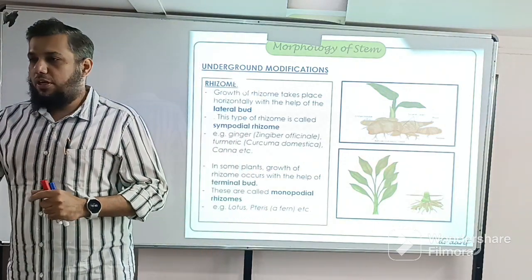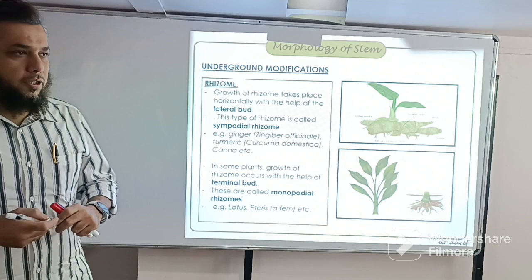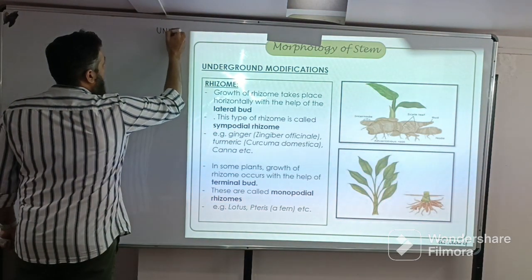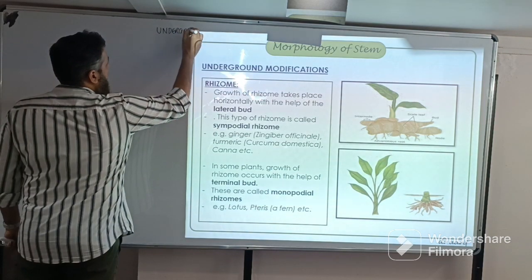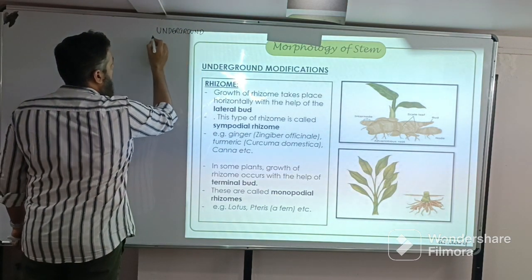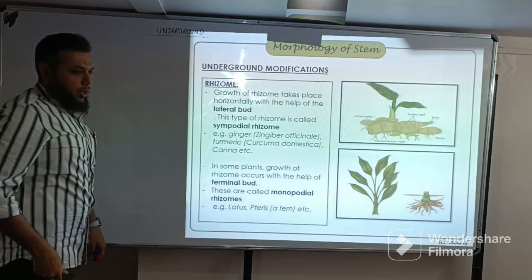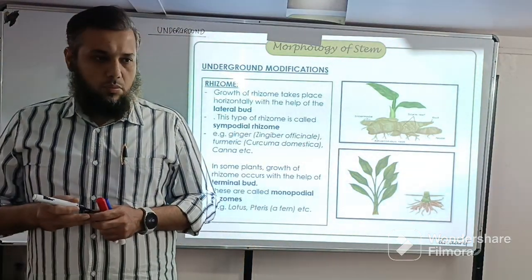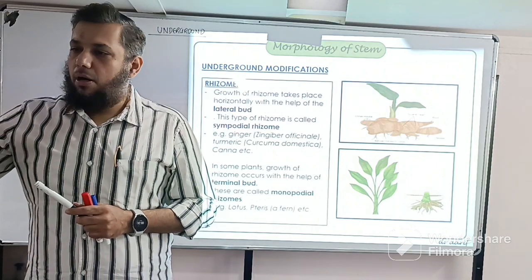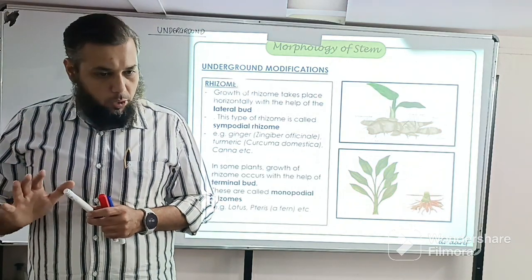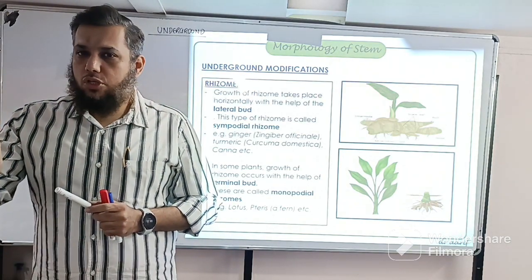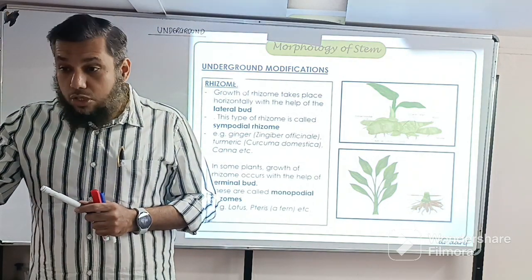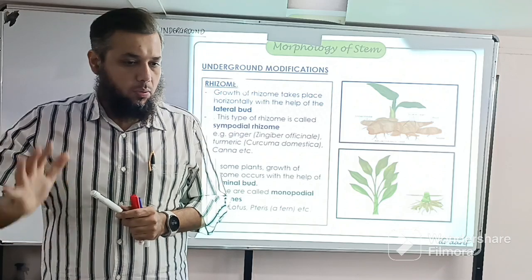Today we will start with the modifications of the stem. And the first type of modification is called underground modification. So in this case, normally the stem grows above the soil. Got my point? But for the function of perennation and vegetative propagation, we find that the stem is growing under the ground.